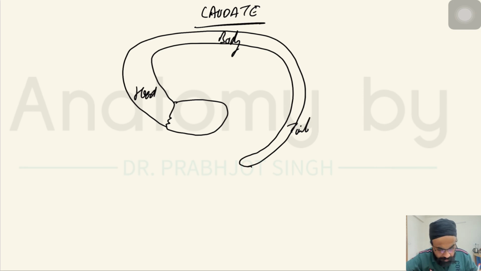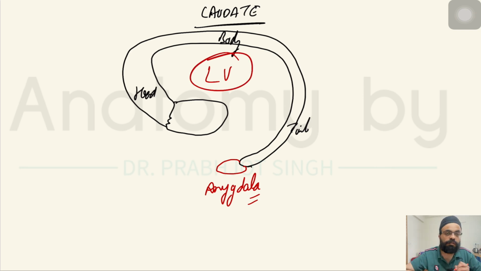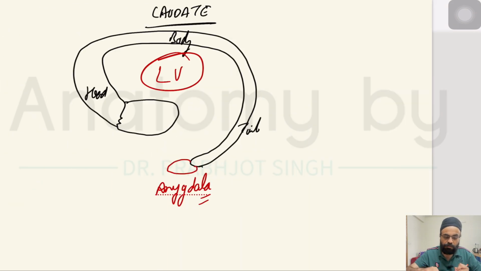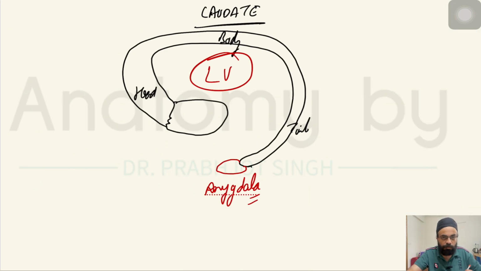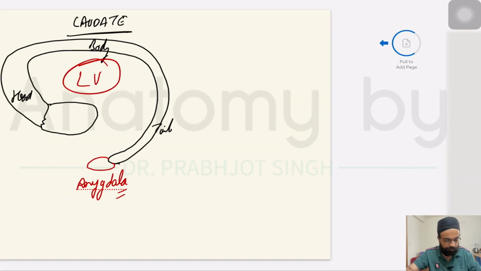The tail is associated with what we call the amygdala. Over here you have your lateral ventricle. So now I will draw the lateral ventricle and accordingly we will see how the caudate is related to the lateral ventricle.